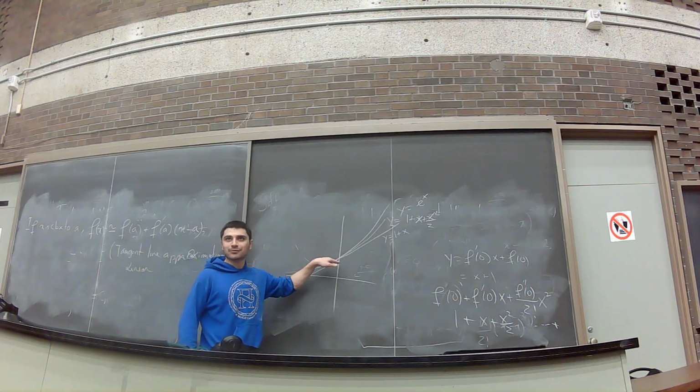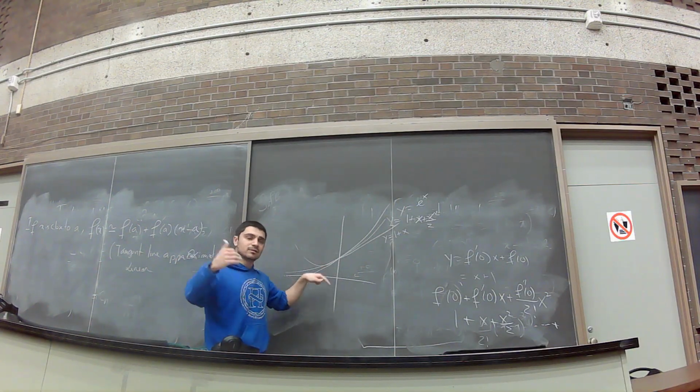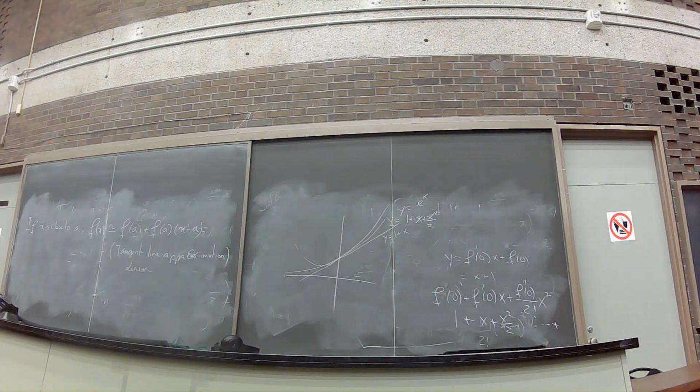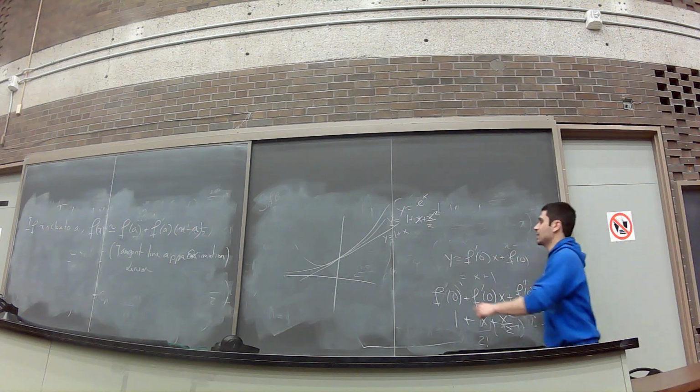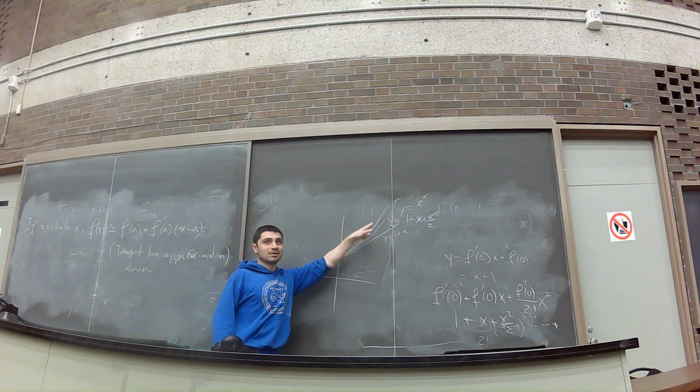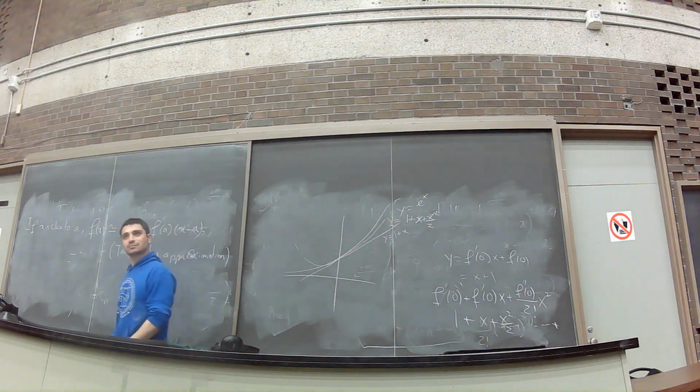And it's sort of tangent to the curve. Basically, what is the tangent line of the parabola at x equals 0? It's the same tangent line as for the curve. So this line is tangent to both the parabola and the curve.